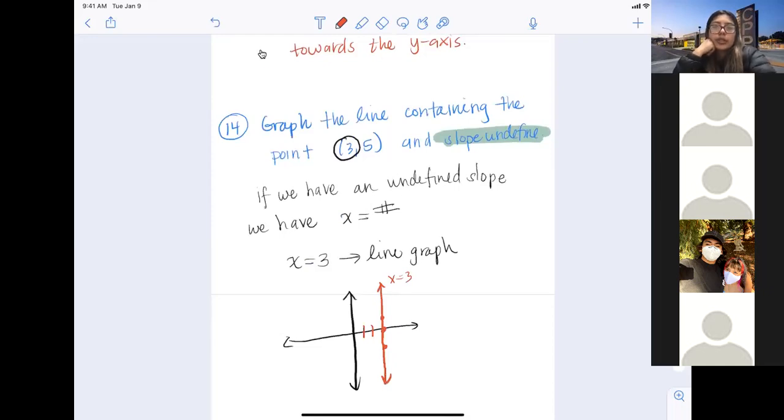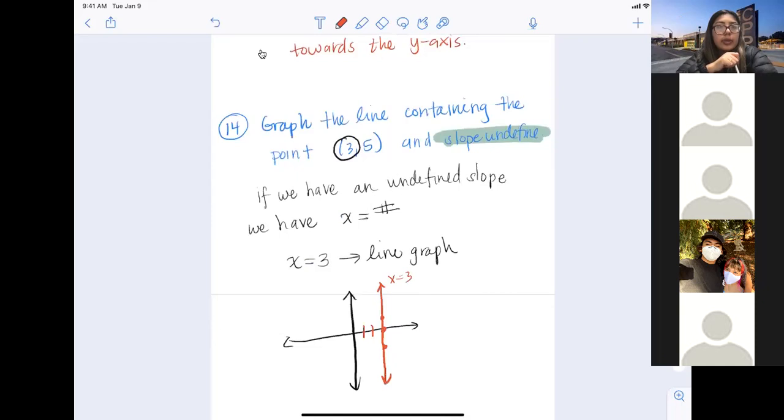Okay, so sometimes the slope will be undefined, or it might be 0. If it's 0, then it's y equals instead of x equals. So make sure you study that as well, the slope. What does it mean when it's positive, negative, 0, undefined, all of that good stuff.